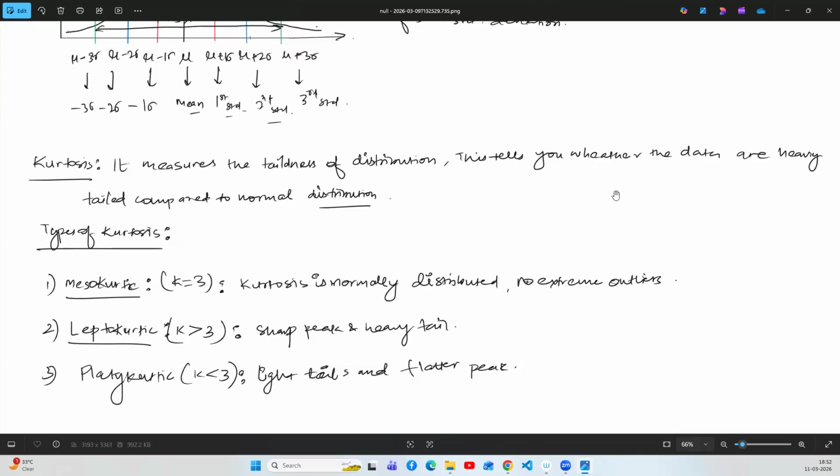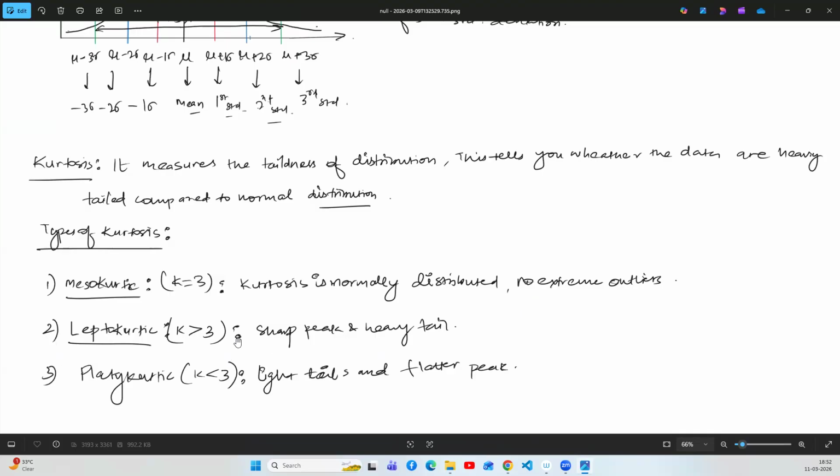There are three types of possibilities. Mesokurtic means your kurtosis is that of a normal distribution. When your data is normally distributed, it is considered mesokurtic.